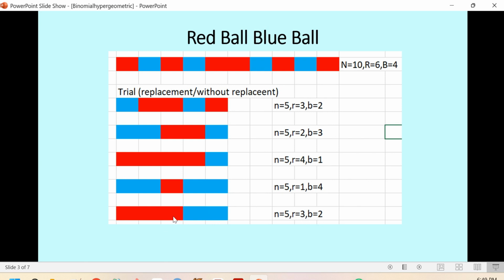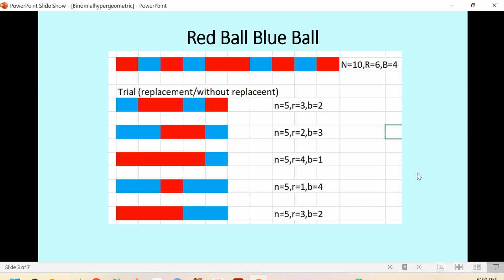Because we do not care which position is red or which is blue, we just care how many red balls and how many blue balls are in the sample, right? So which means if we take 5 balls, in total how many different ways are there?